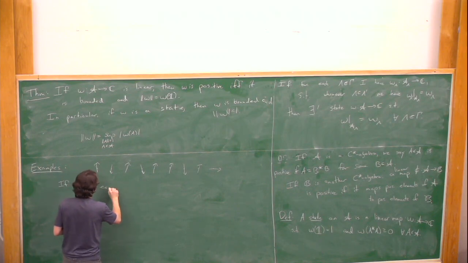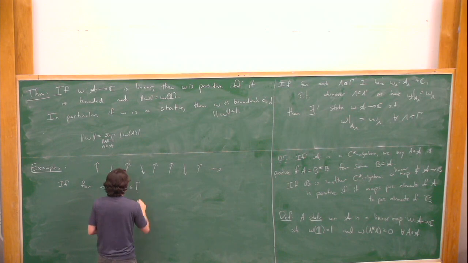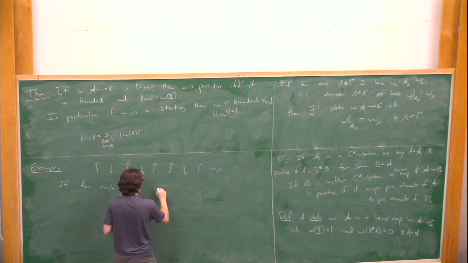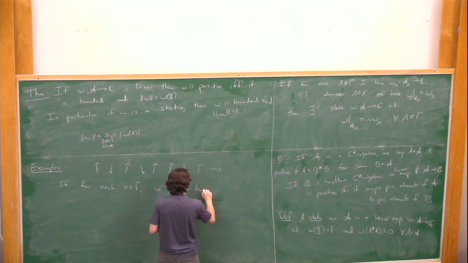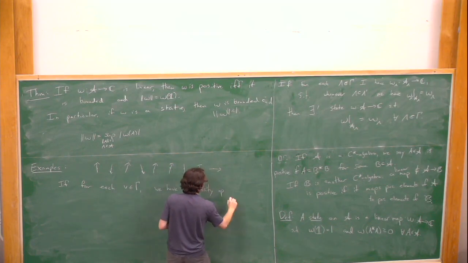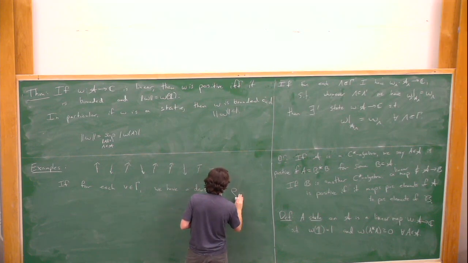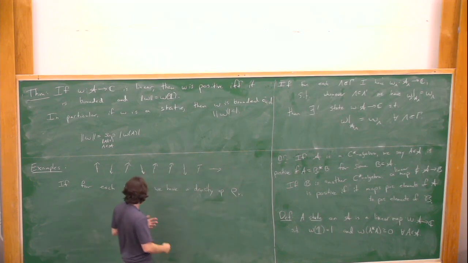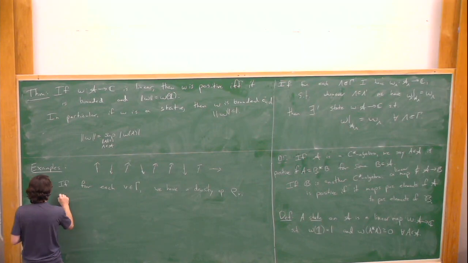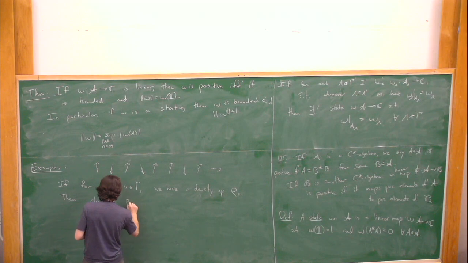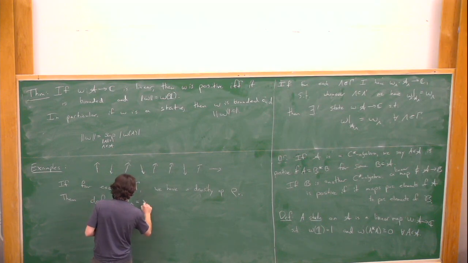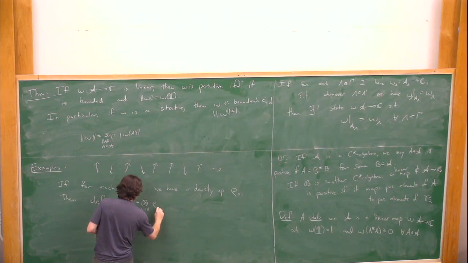So if for each v in the lattice, we have a density matrix rho v, then we can define the tensor product of the density matrices. Then define rho lambda, which is the tensor product over v in lambda of rho v.